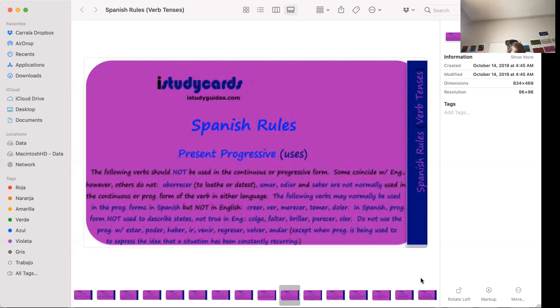In Spanish, the progressive form is not used to describe states, not true in English. Colgar, faltar, brillar, parecer, oler.